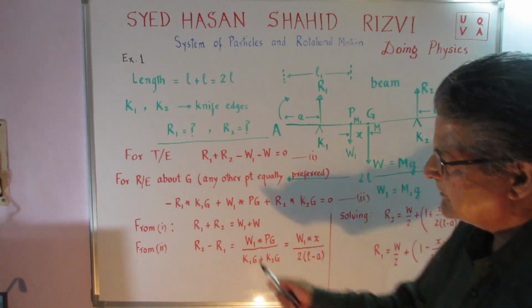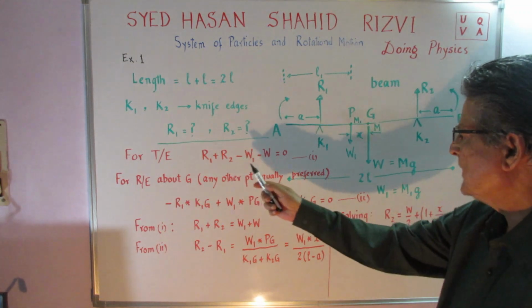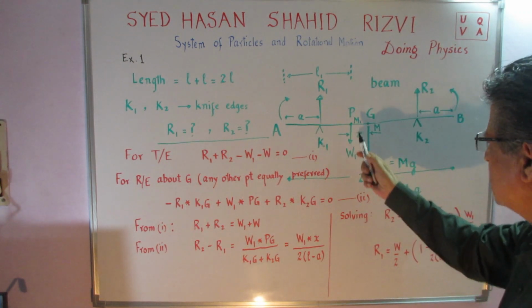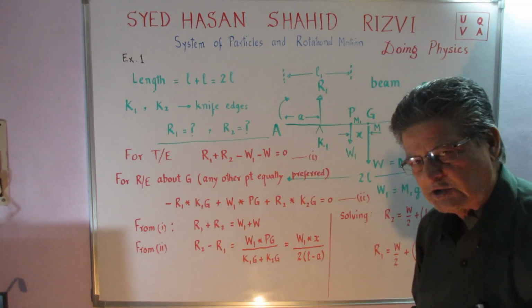So for the translational equilibrium, TE, I have R1 plus R2 minus W1 minus W is equal to 0. Call this equation number 1.